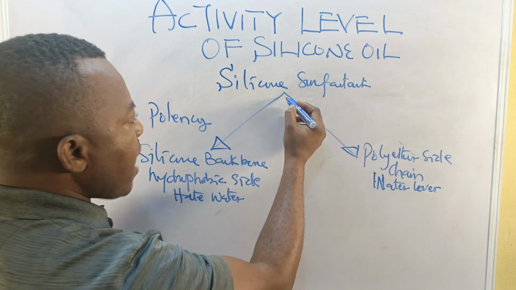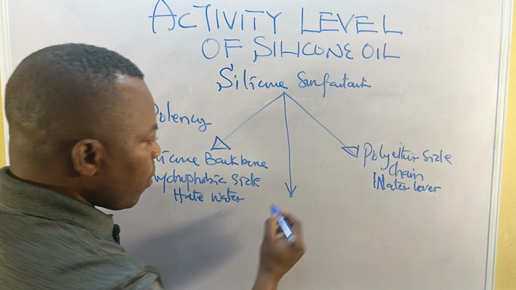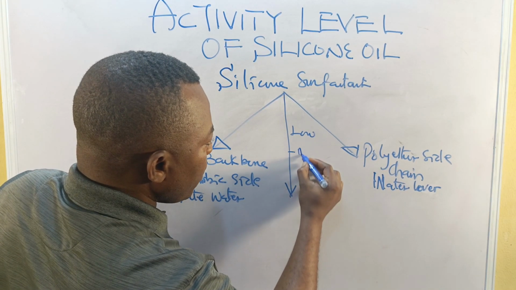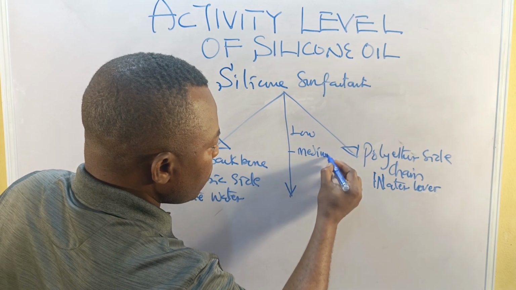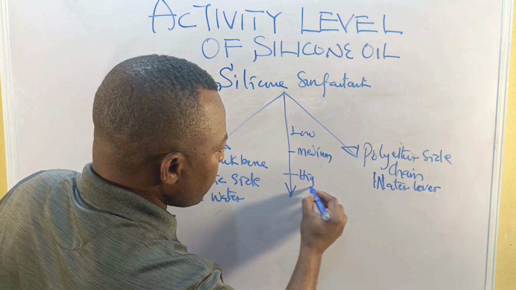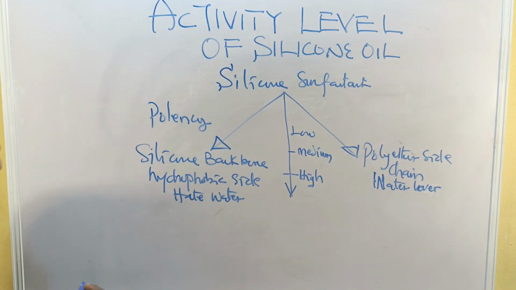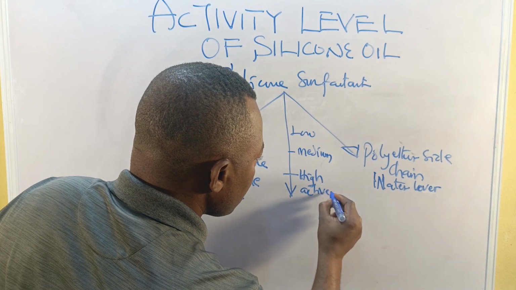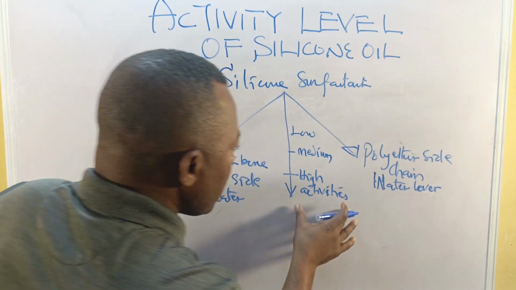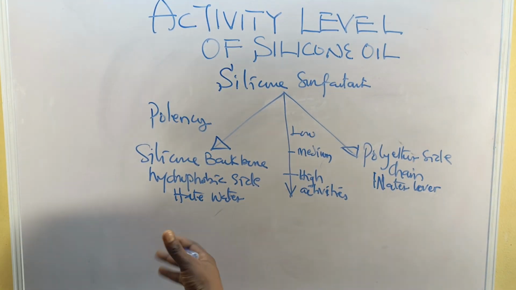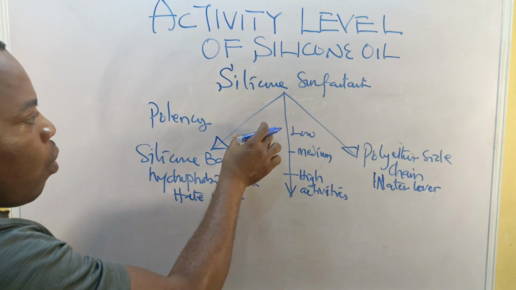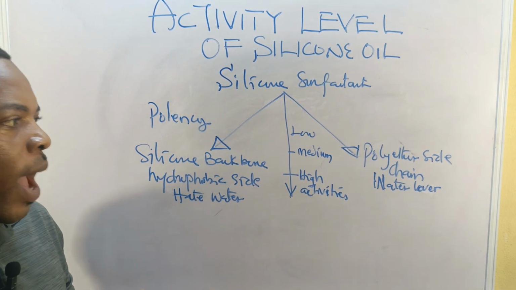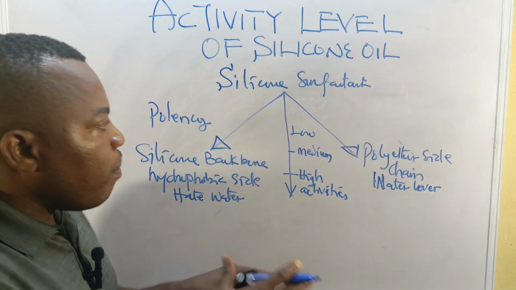Now inside this silicone, we have the low, the medium, the high level or the high activities. So in terms of performance, where it is supposed to add bubble, it reduces bubble. Where it is supposed to reduce bubble, it adds bubble.